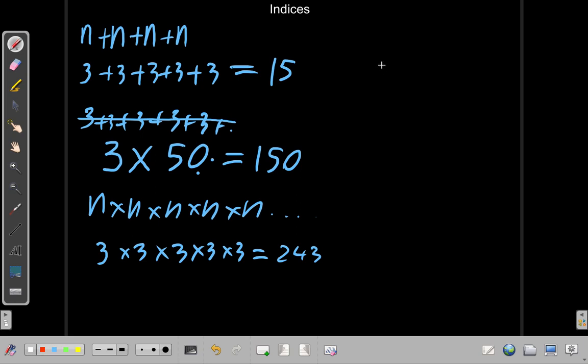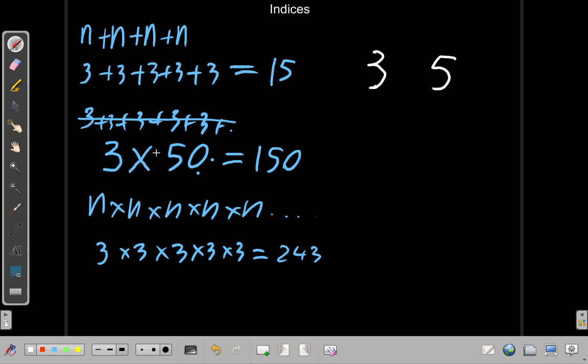So, you have to write down 3. But how many 3's are there? There are 1, 2, 3, 4, 5. So you write the 5. Now you have a symbol that you use to say you have 3's to multiply and there are 5 of them, but you show that it is repeated multiplication.